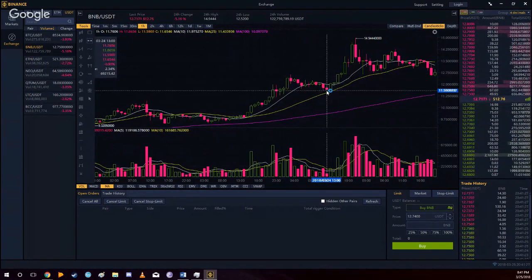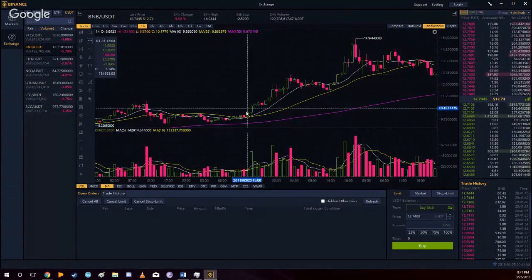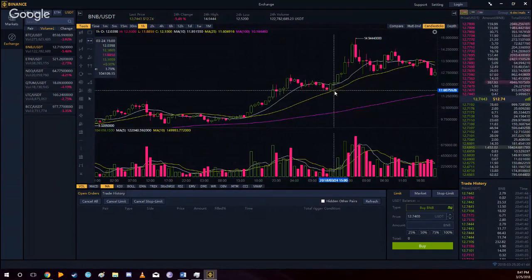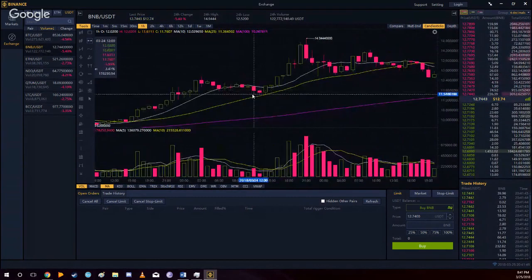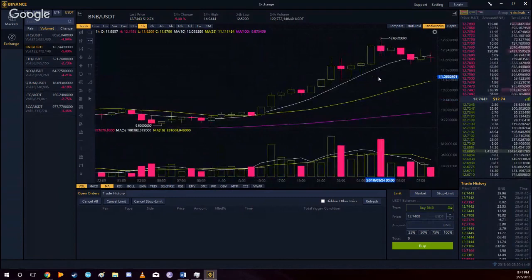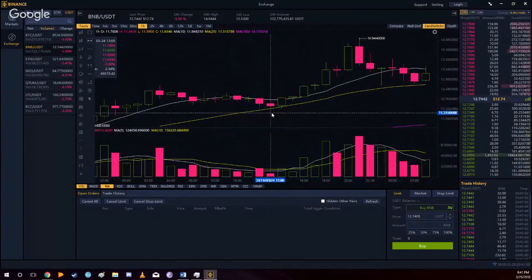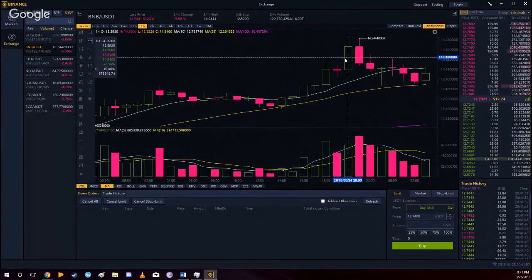Usually corrections are based on Fibonacci retracements, but that is too much to say for now. Let's stay on moving averages. It made the first impulse, had a slight correction, and met the moving average almost perfectly. It just touched it, a bit of a pierce, and then it pulled back up.